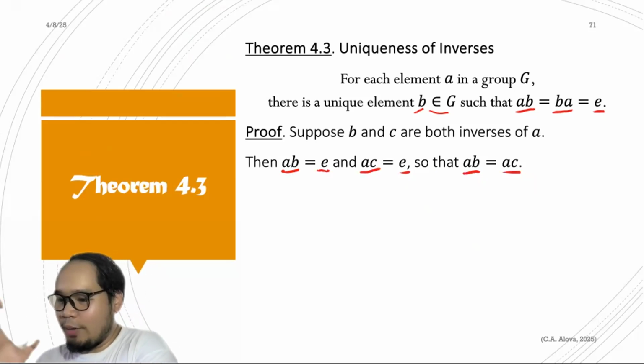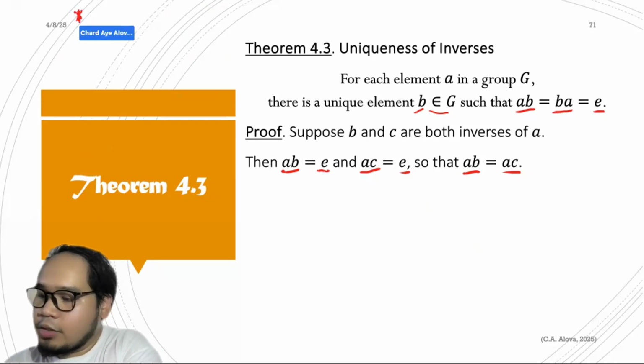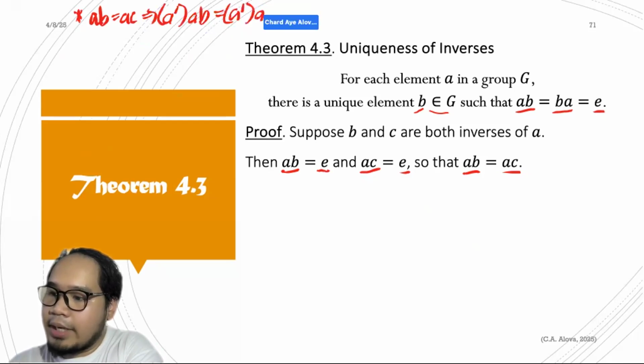By using Theorem 4.2, the cancellation law, we will multiply A prime on both sides of this equation. So let me write first AB equals AC, then A prime times AB equals A prime times AC.